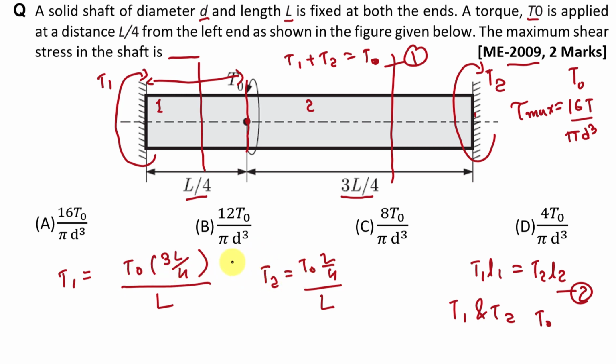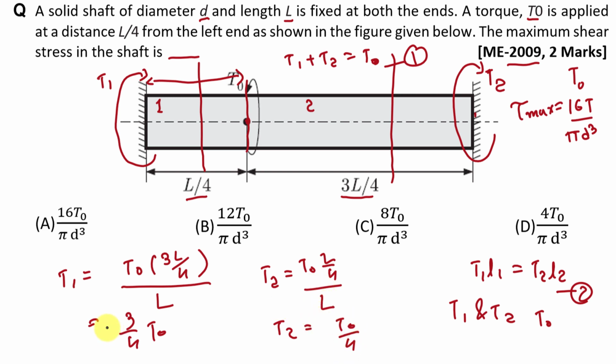But remember that this shortcut is only applicable if the diameter is constant and the material is the same. If the material is not the same or the diameter is not the same, then we have to follow the same method as discussed earlier. Now here we can find T1, that is 3 by 4 T0, and here T2 is T0 by 4, right?